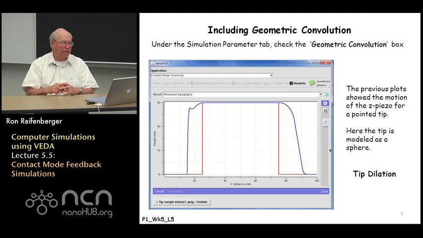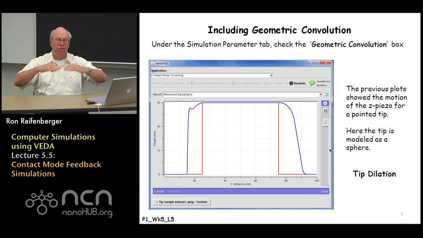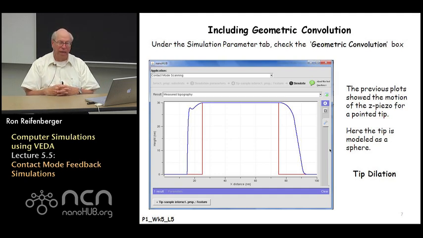So I just do that in this case to show you, if you include the finite radius of the tip, what the geometry of the substrate appears to be based on the motion of the sample with respect to the tip. So again, the red line indicates the geometrical feature that we've specified. The blue line shows how the tip responds when the radius of the tip is included.